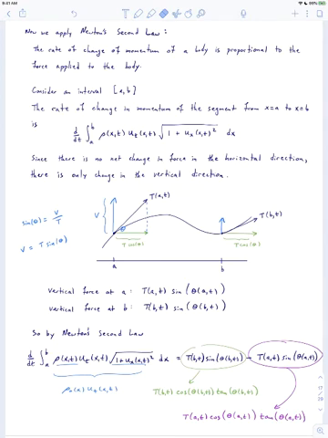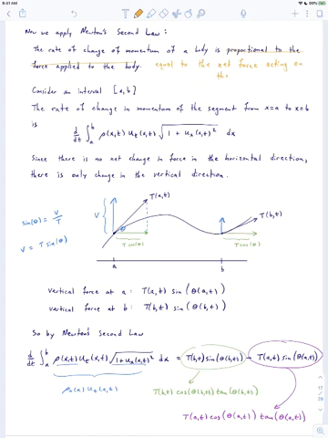The next thing we wish to do is apply Newton's second law. The rate of change of momentum of a body is directly proportional to the force applied to the body. Well, really, what we want to apply is the statement that the rate of change of momentum of a body is equal to the net force acting on the body.